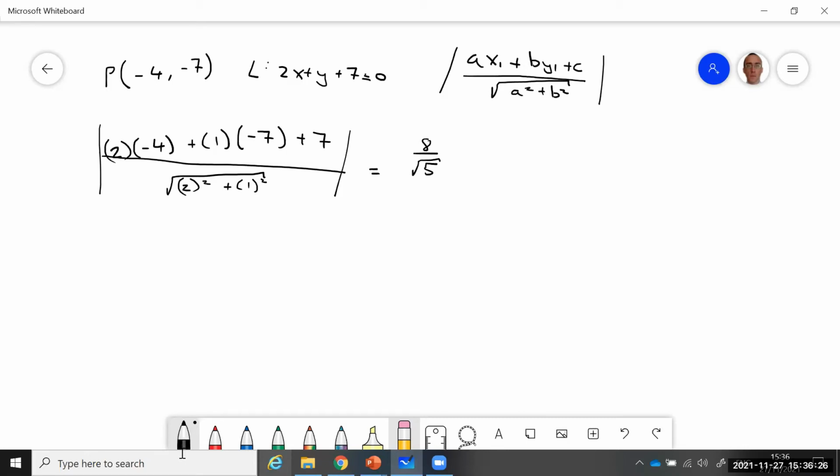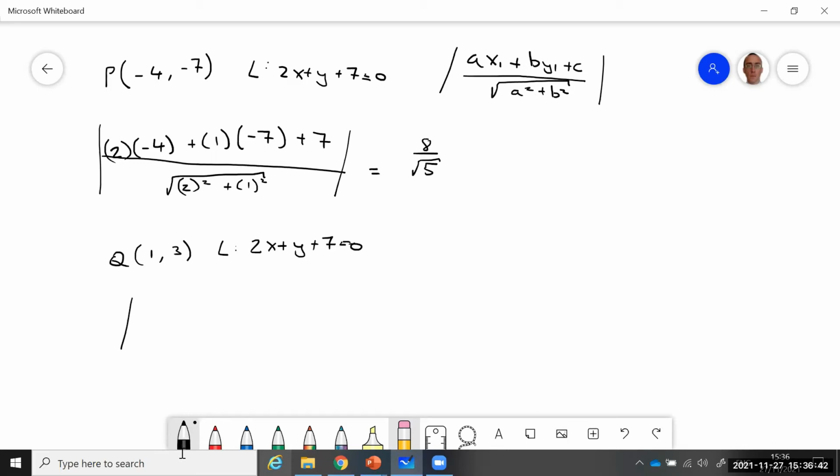And then in a similar way, Q is (1, 3), and L is still the same, 2x + y + 7 = 0. I'm not going to write out the formula again. Nevertheless, we fill in these values.